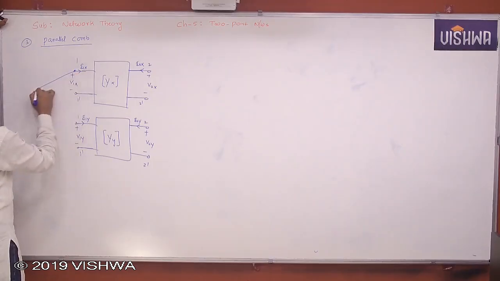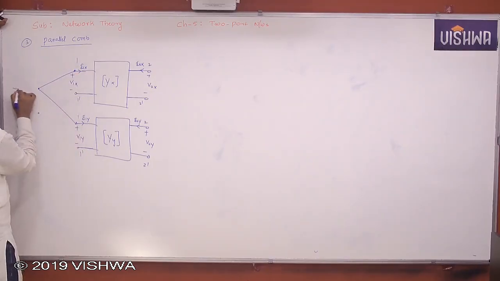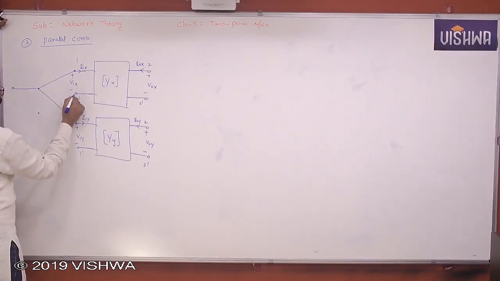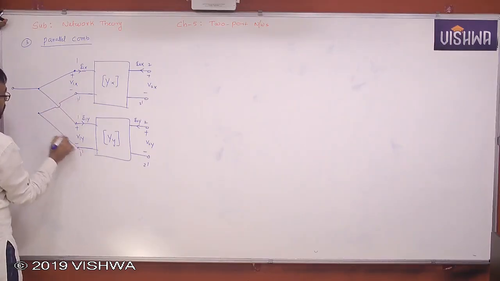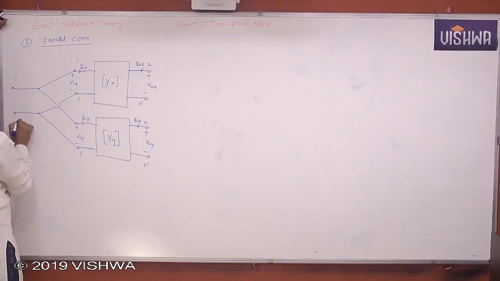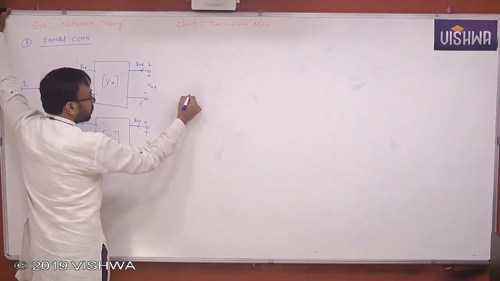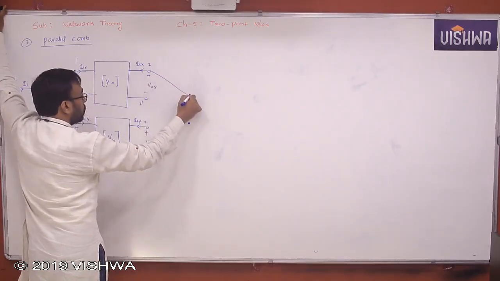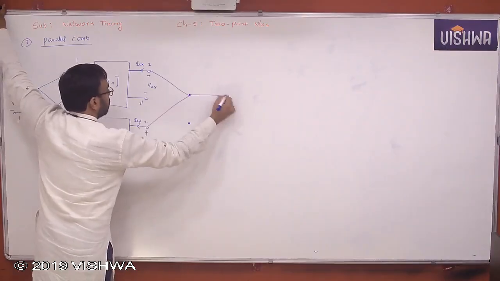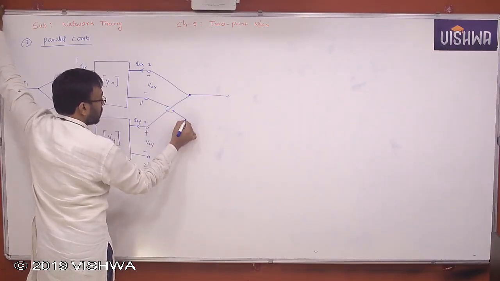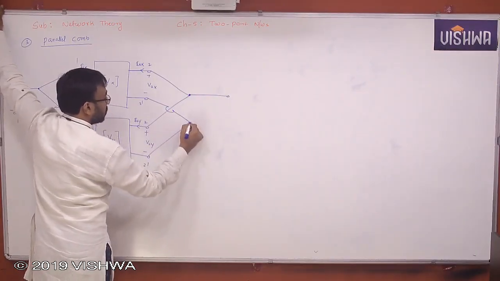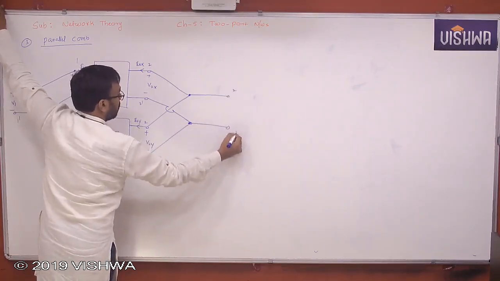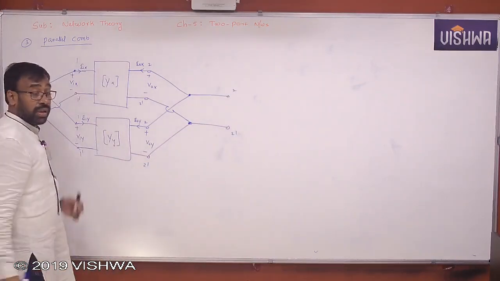If I join this 1 and this 1 and make it 1, and join this 1 dash and this 1 dash, I get plus minus V1, and this is I1. Then 2 and 2 dash. Understand all of you?